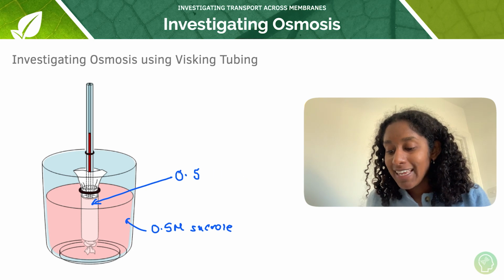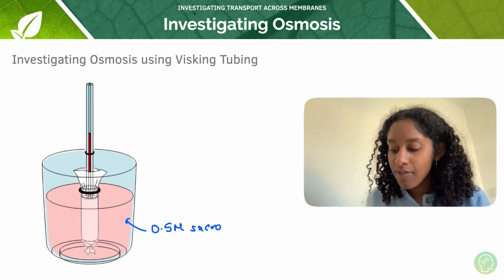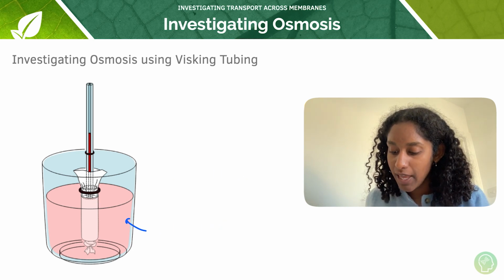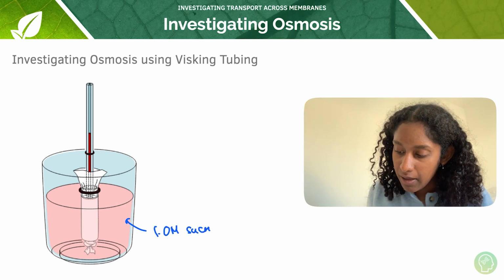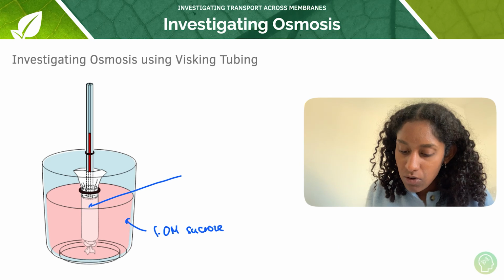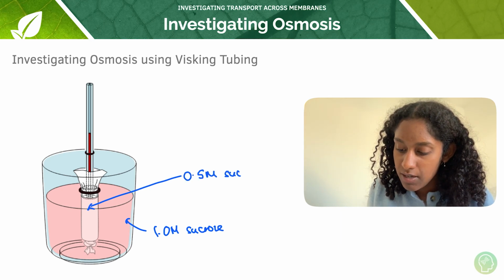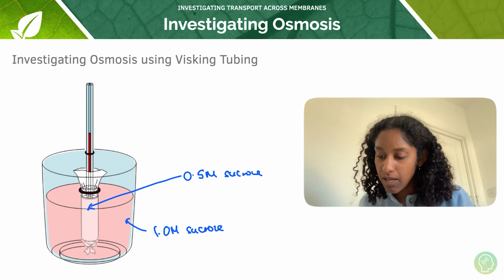Now let's vary it again and have a look at what happens if we have 1 molar of sucrose in our beaker. Well, we've still got 0.5 molar of sucrose in our Visking tubing.